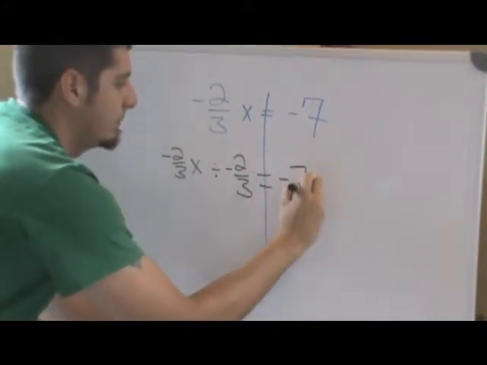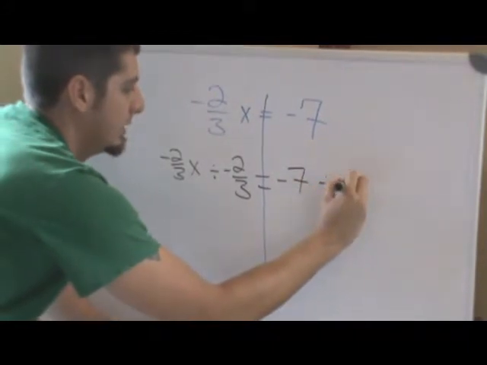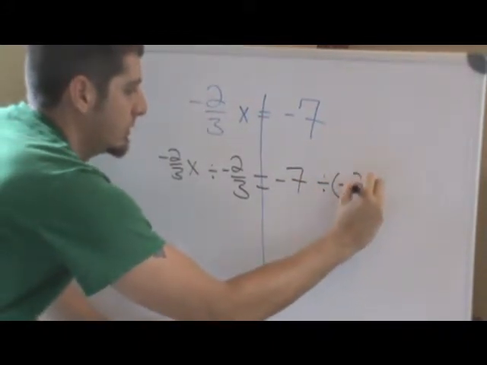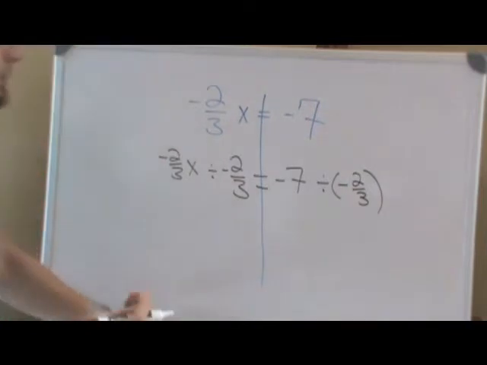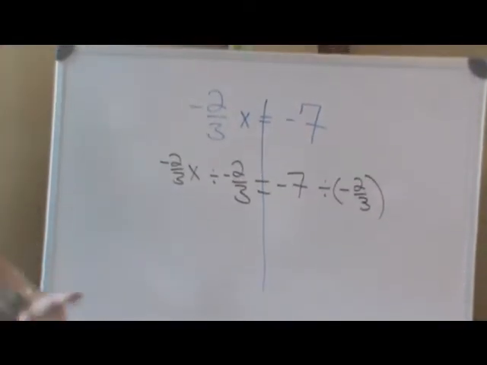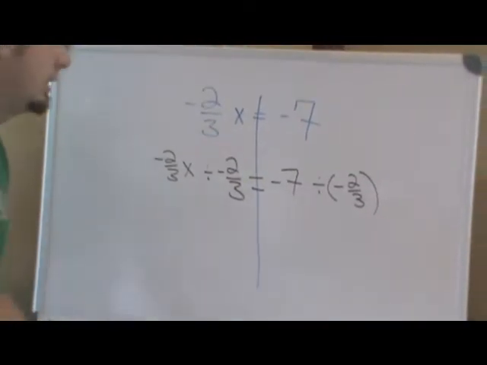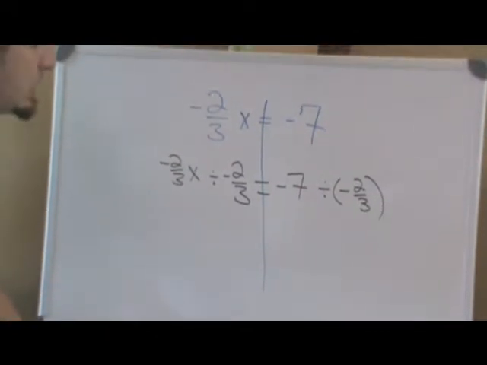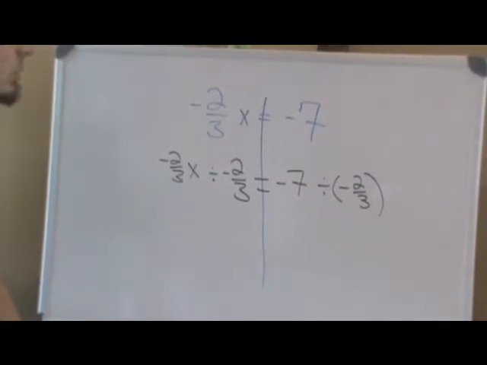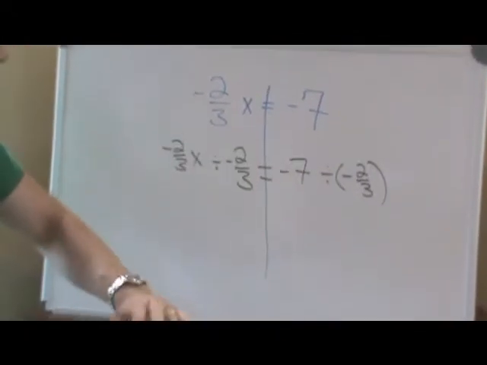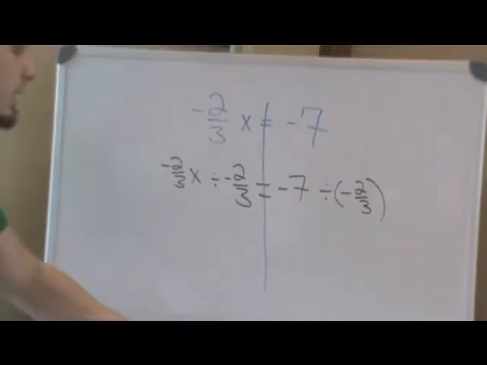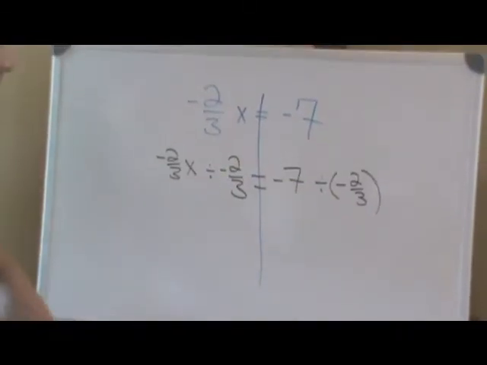So negative 7 divided by negative 2/3. At this point you need to remember how to divide with fractions, which means you flip and multiply. You flip the number on the right and multiply instead of divide.